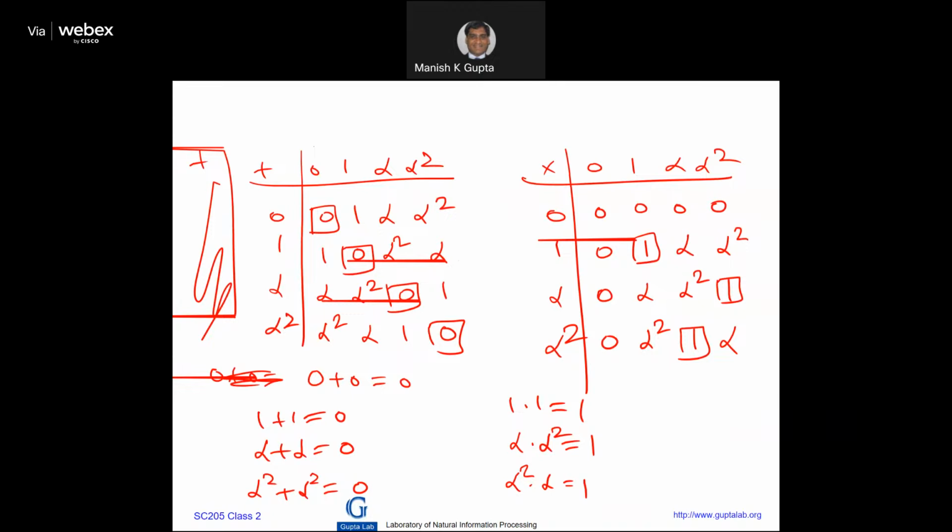Look at Z3. Every element has an inverse, right? Forget about 0. So the question that you can ask is, what is the condition for an element A in Zn, modulo n, to have an inverse?